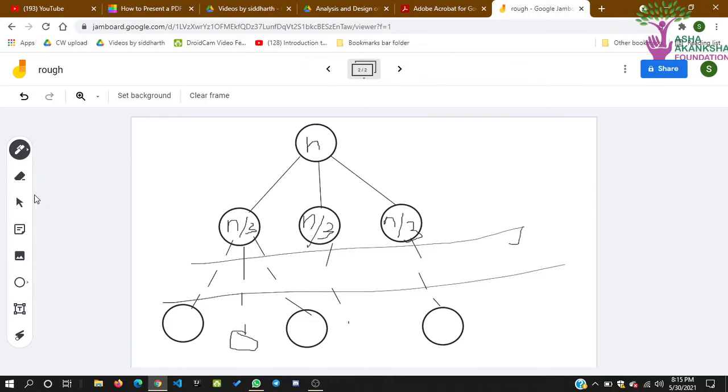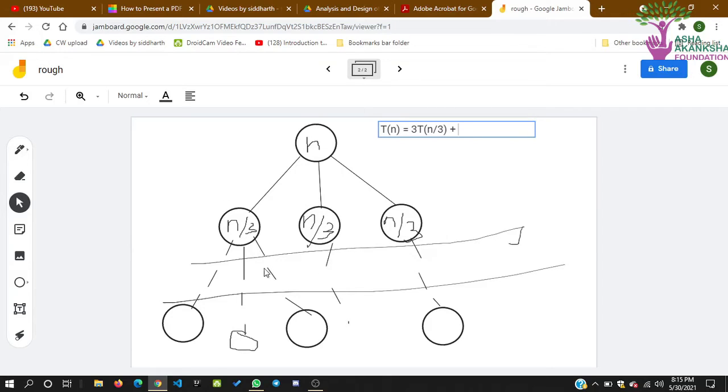Suppose we have to find the time complexity of this particular problem. So we just calculate Tn. Tn is equal to 3 Tn by 3. This thing is clear. Now I have to find the amount of work being done outside of the recursive calls.